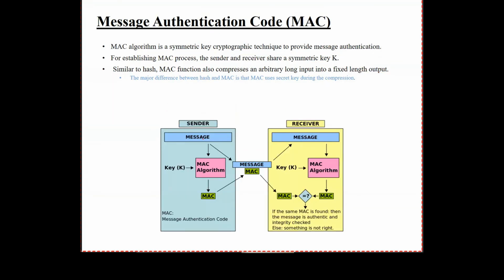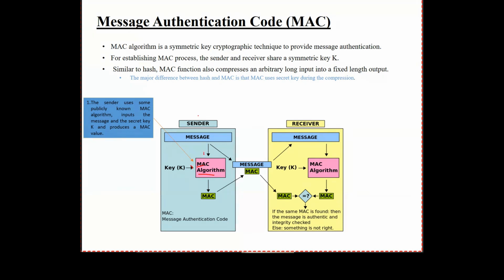This is exactly the scenario of what happened. Now this is the sender and this is the receiver. First of all, the sender will write a message. Then he needs to use the MAC algorithm, and the MAC algorithm needs a key.